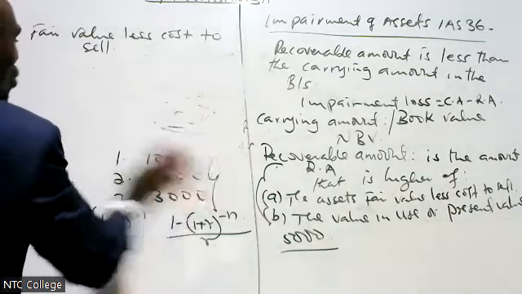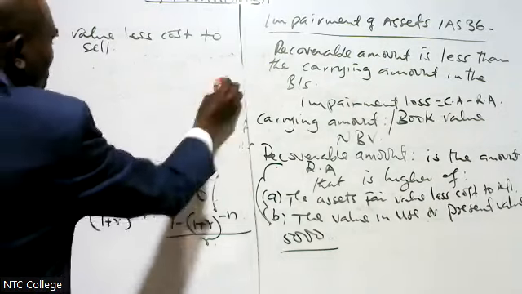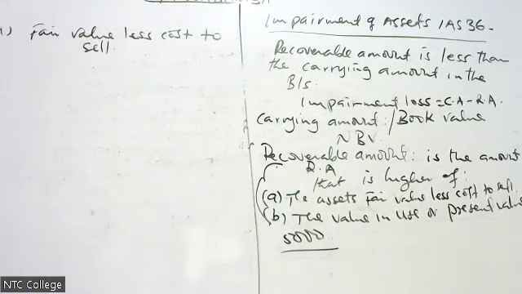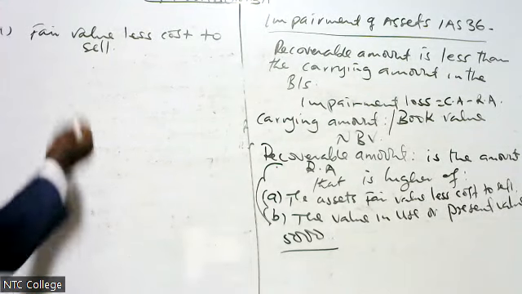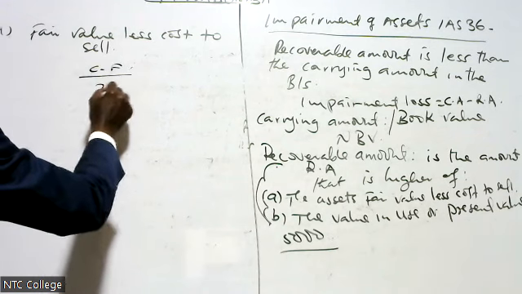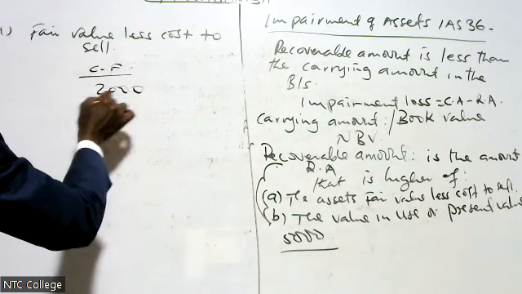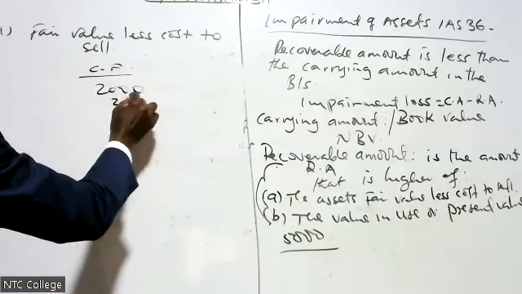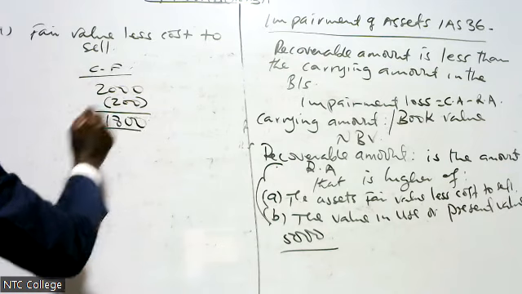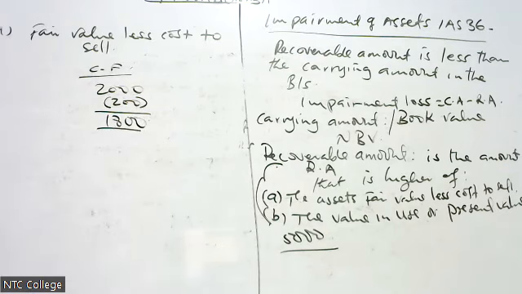Like for example, let me show you something small here. For example, the examiner has given you cash flow from an asset. Maybe the cash flow is 2,000. Then tax is 200. Therefore, when you subtract, you are going to get 1,800, the cash flow after tax.